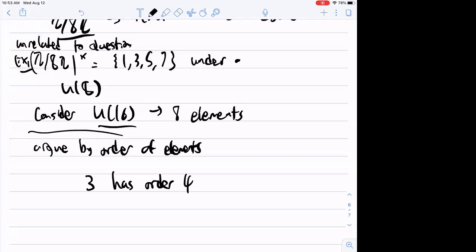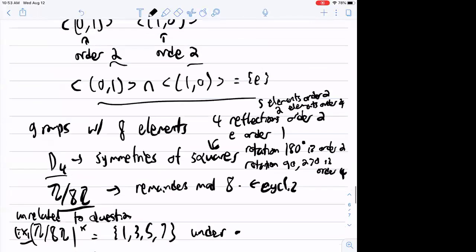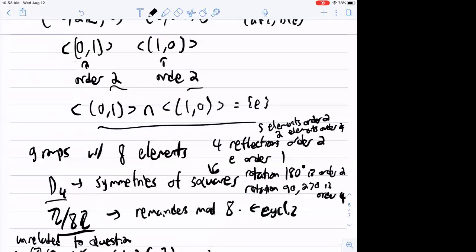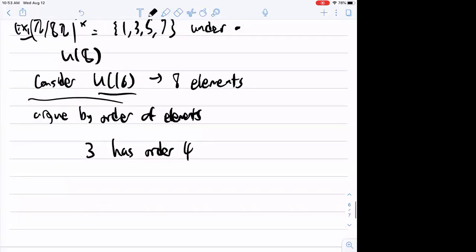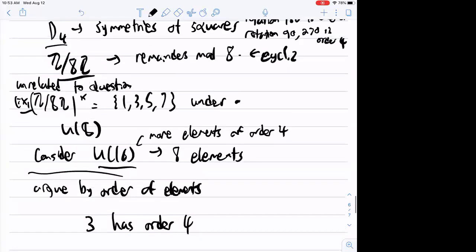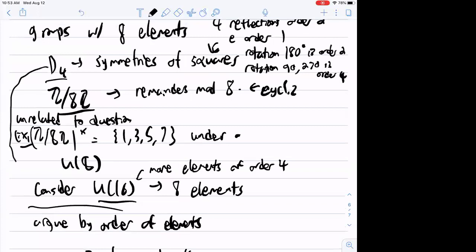You just calculate the order of every element, and then you'll see that there are more elements of order 4 here. So these 2 are different.